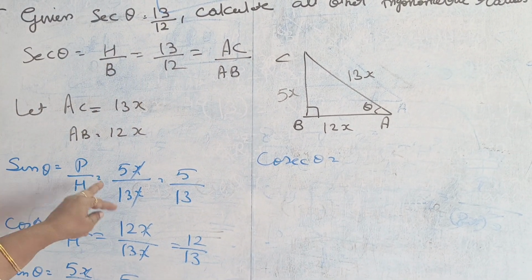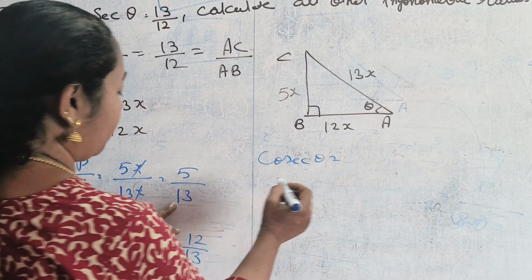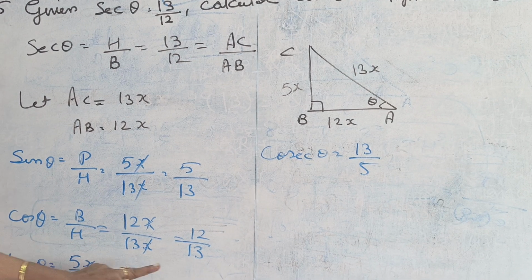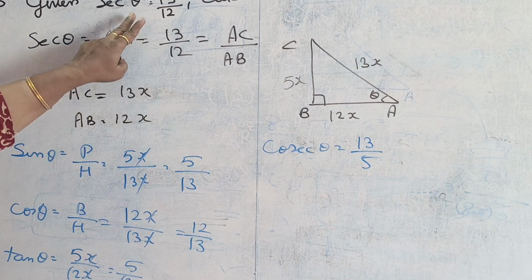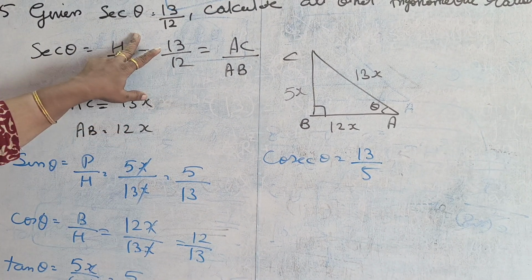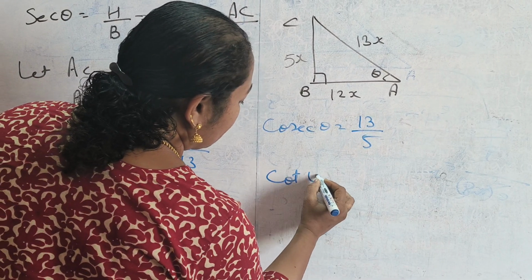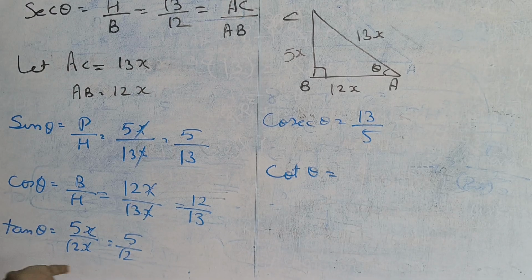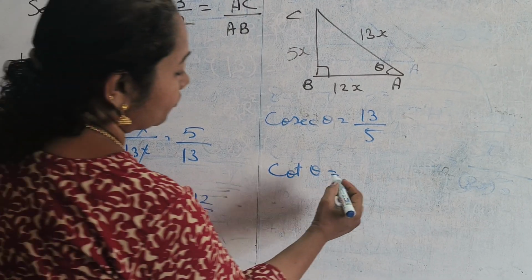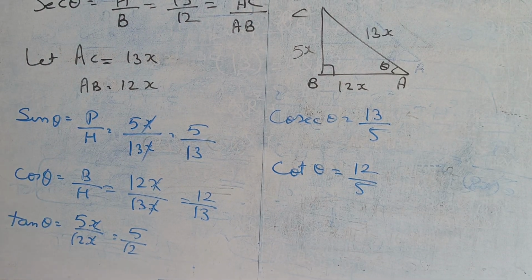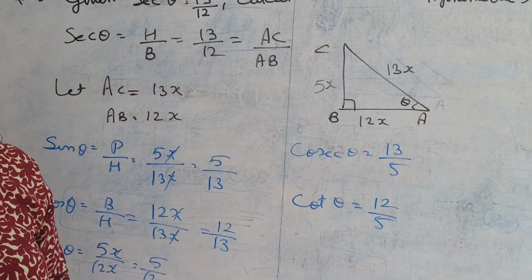Cosec theta means reciprocal of sine theta. That is 13 upon 5. And sec theta is reciprocal of cos theta, which is already given, 13 upon 12, already given in the question. And now cot theta. Cot theta is reciprocal of tan theta, 12 upon 5. So we got the values of all the trigonometric ratios.